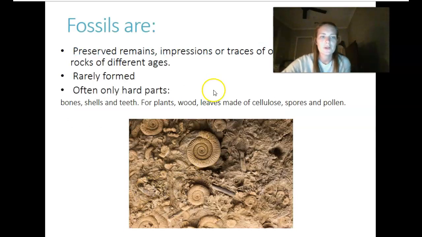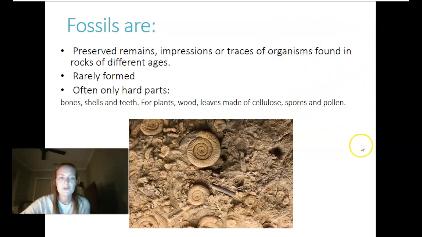Okay, so fossils. Fossils are preserved remains, impressions, or traces of organisms found in rocks of different ages. It is nice to have a bit of a definition to go forward with. Fossils are rarely formed. That's a really important idea. We have lots of fossils.